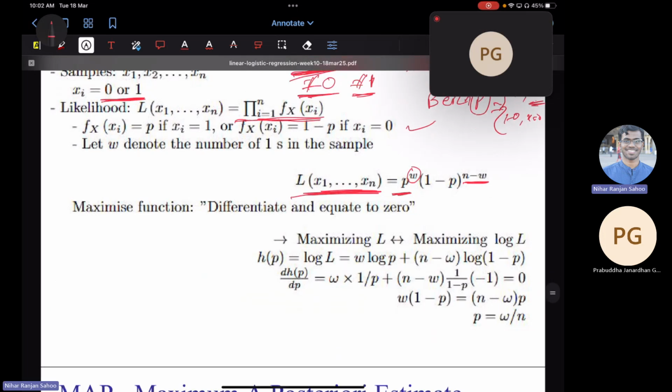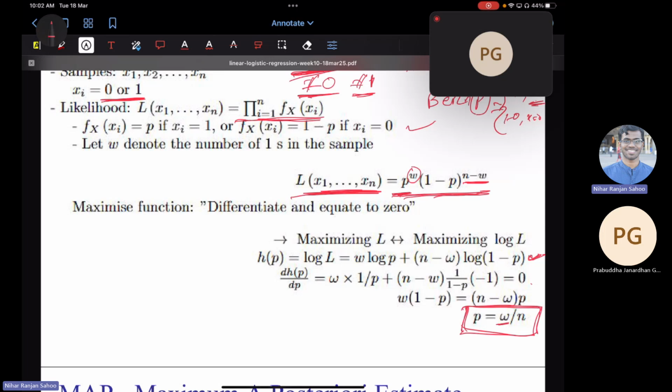Now we have to maximize this likelihood. To do that, you have to take the derivative and equate it to zero, right? The first thing is to convert this likelihood to log form, the log likelihood, then equate it to zero. Our parameter was p. So what's the correct estimation of this parameter?